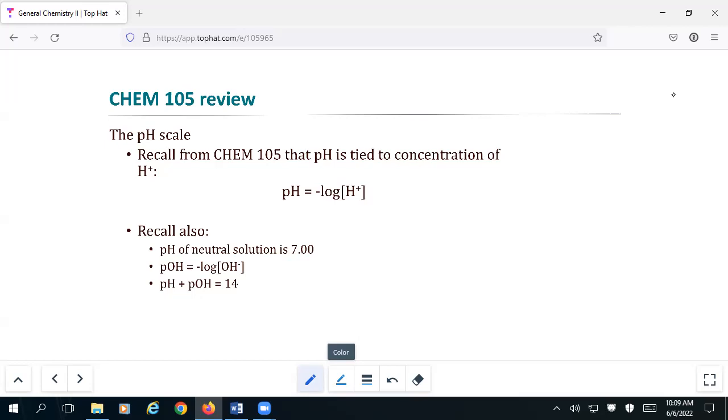And in that class, what you would have known is that the pH is a measurement of the concentration of the hydrogen ion, which in this class we will also interchangeably use as the concentration of the hydronium ion, that conjugate acid of water that forms when water reacts with an acid substance.